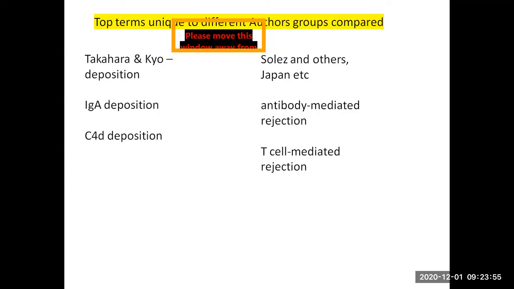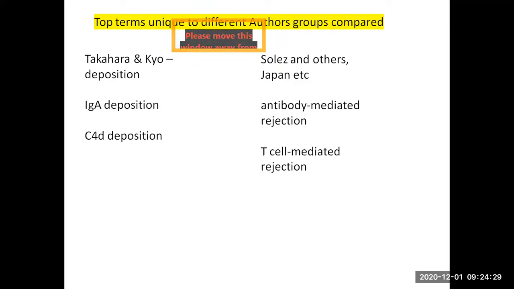What type of deposition? It's immunoglobulin A deposition and C4D deposition in different tissue areas, their identification and their studies. Whereas in the Solis and other authors' network cases, including the Japan network also, it is on the antibody-mediated rejection and T cell-mediated rejection of the transplants.